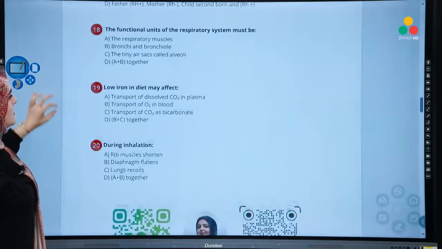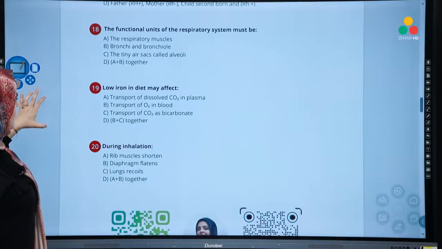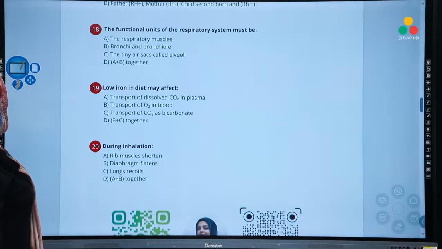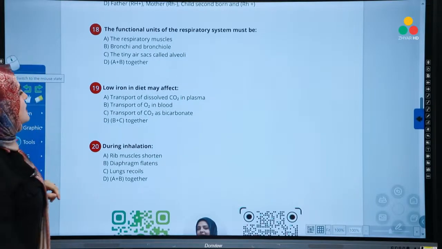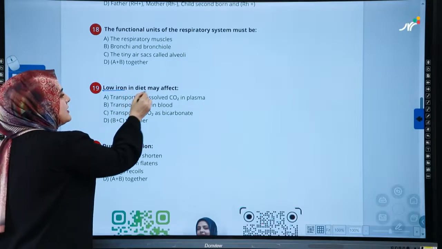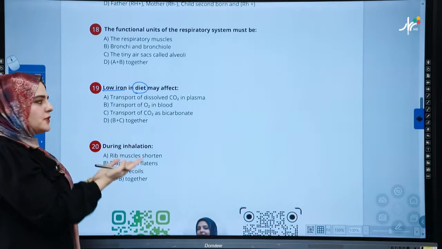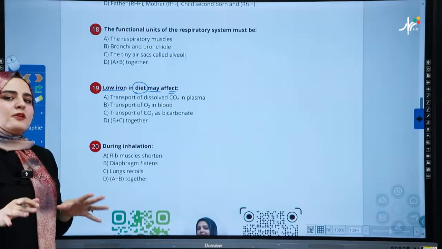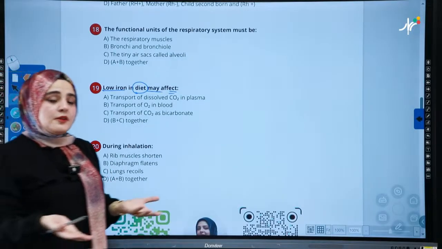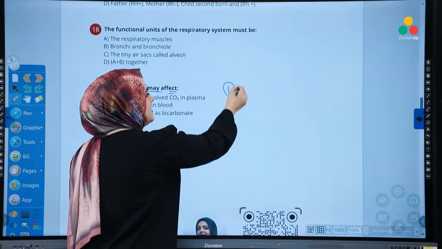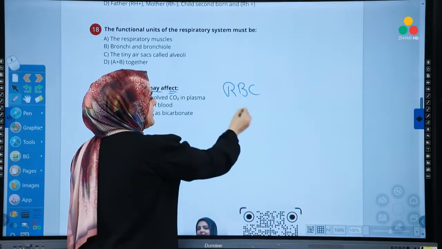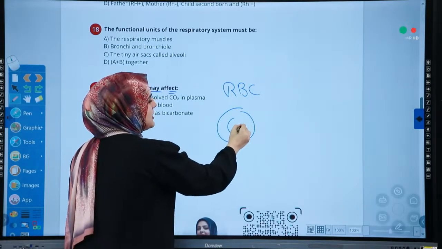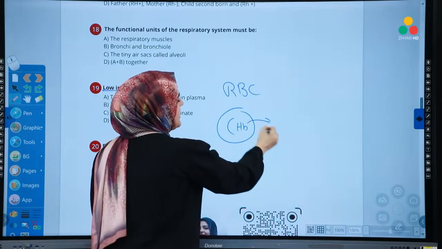Then we still have something about this chapter. It says low iron in the diet. Diet means food that you eat. May affect what? Where did we hear about iron? In the blood. Which part? Red blood cells, right? Red blood cells contain something called hemoglobin.